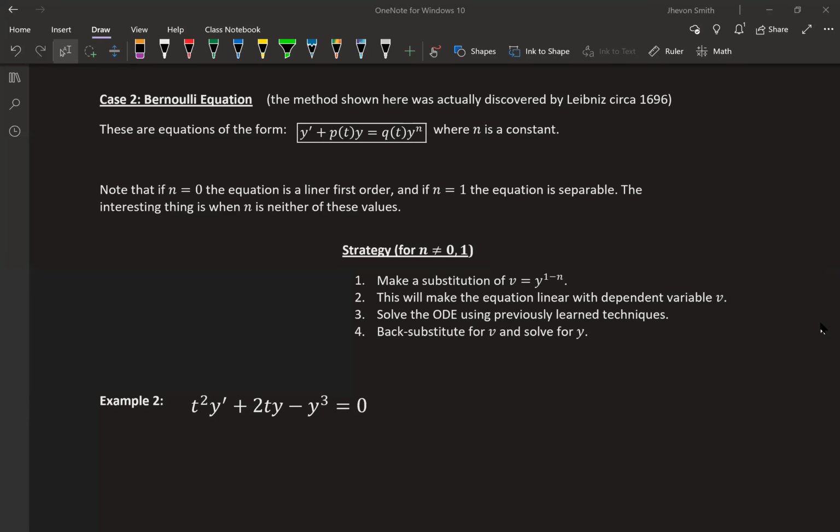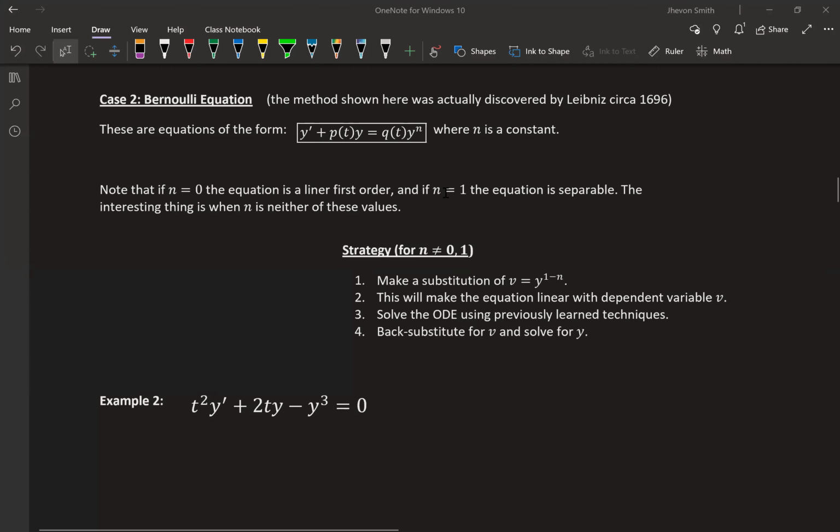And there's a very nice way to solve these when none of your previous methods would work. You should note that there are situations here where your previous methods would work. For example, if your n equals 0, this actually becomes a linear first order, because y to the 0 would be 1, and so this would look exactly like a linear first order.